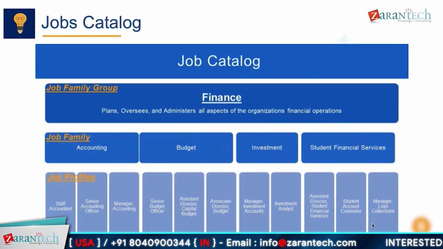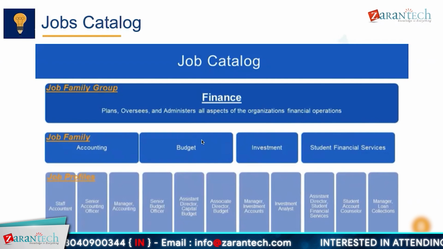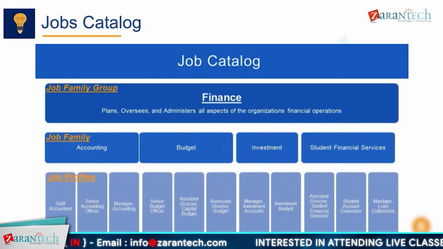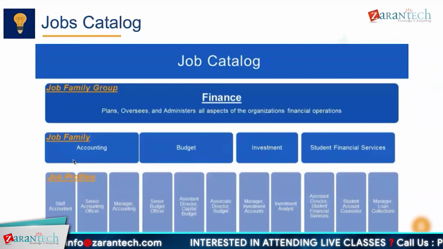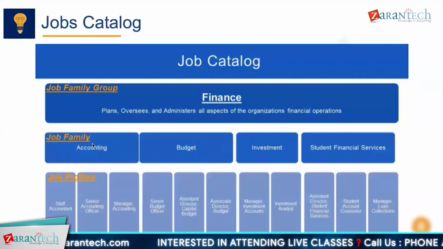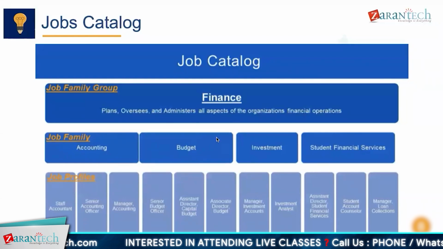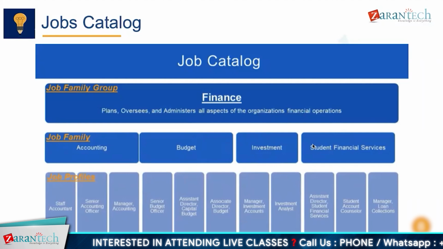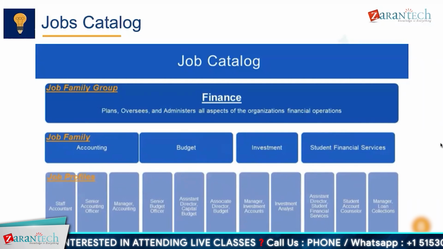Based on that, we have different job profiles: staff accountant, budgeting officer, manager investment, or student accountant counselor. These three profiles belong to this family, these two belong to investment, and these three to student financial services.